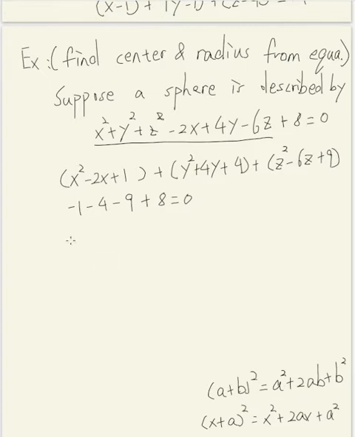Okay, all right. So the complete squares are (x minus 1) squared plus (y plus 2) squared plus (z minus 3) squared. And this is just simple calculation. This is minus 14 plus 8, so you get minus 6.